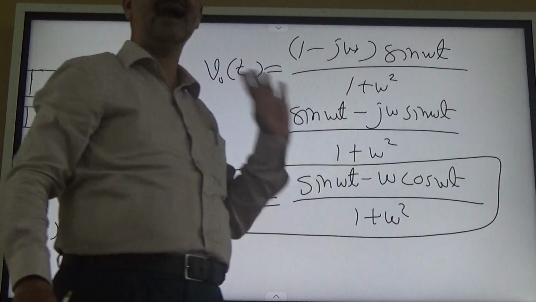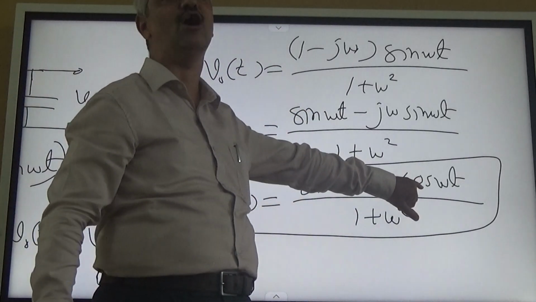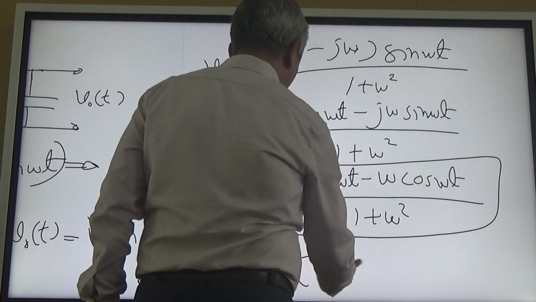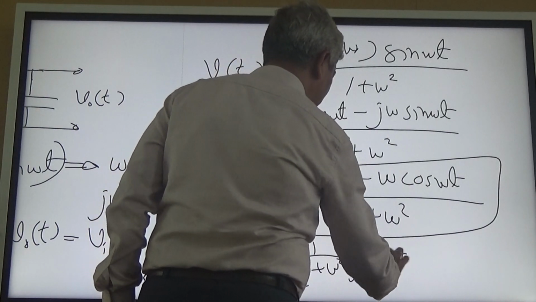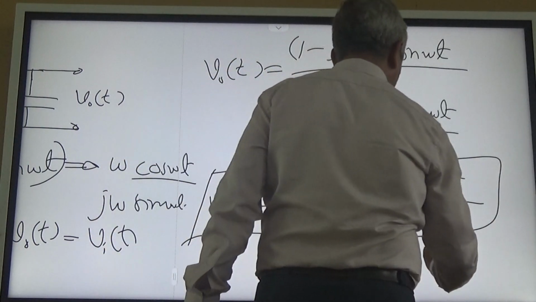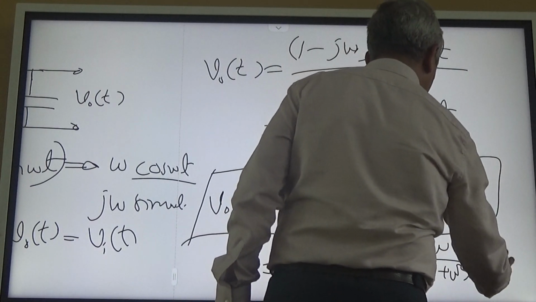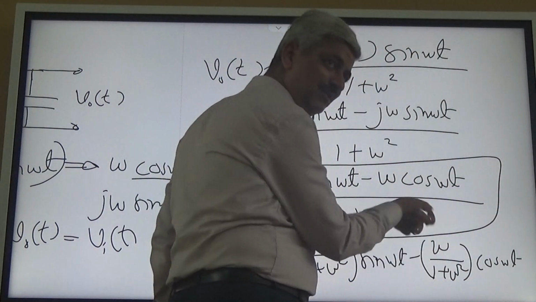So the final answer will be in terms of something sine plus something cos. To be very precise, we write 1 upon 1 plus omega square sin omega t minus omega upon 1 plus omega square cos omega t, or plus into bracket minus omega, either way.